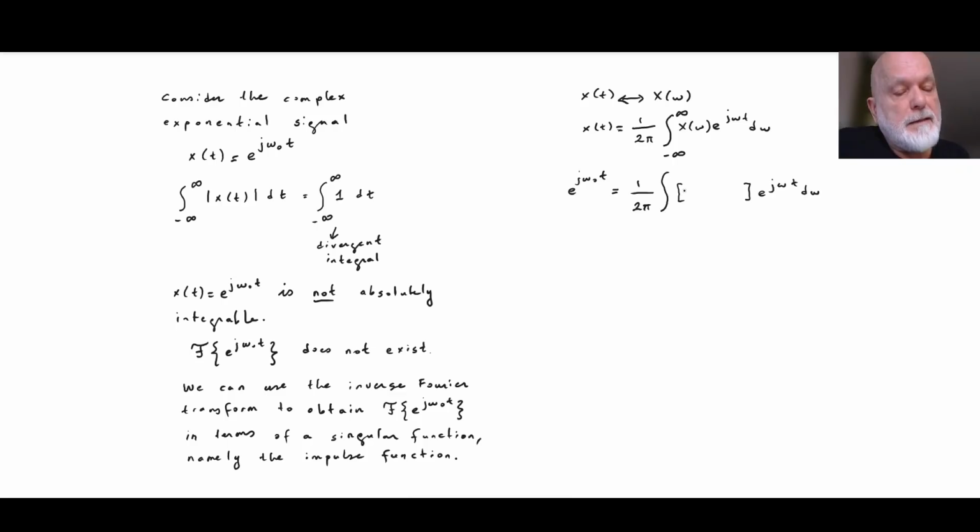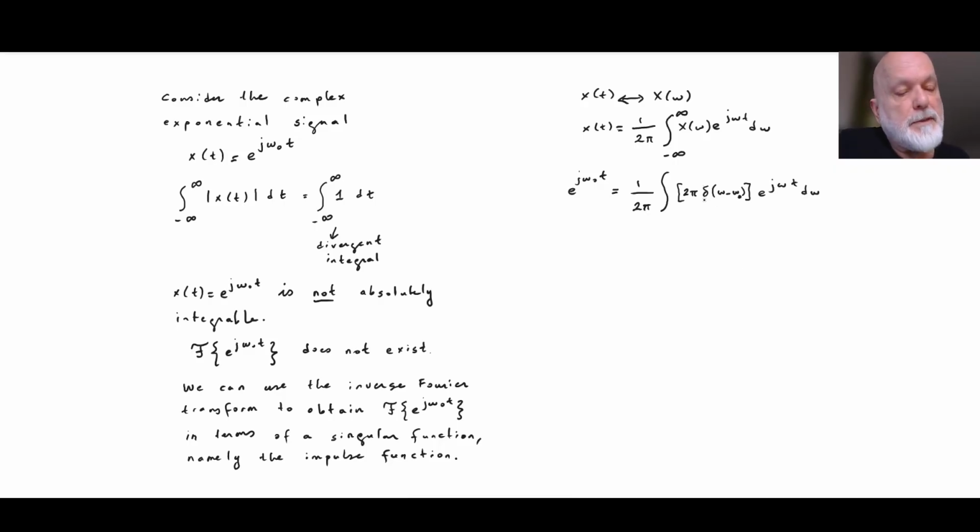Obviously, the expression we have to substitute here is 2 pi delta of omega minus omega 0, because the 2 pi's will cancel out.